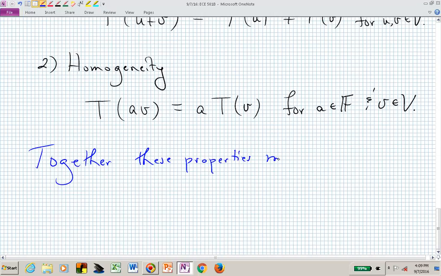Together, these properties make a map linear.